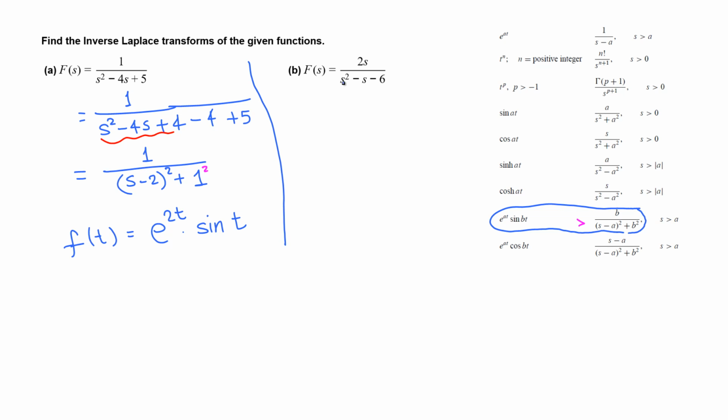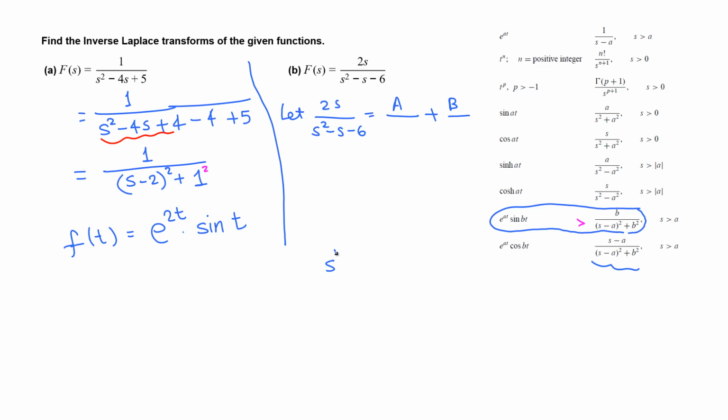In this case, we have two options. We can complete the square on the bottom like this, and then make it like the second one here. But the easier method would be to write this as a sum of two simpler fractions. So I'm going to let 2s over s squared minus s minus 6 be a sum of two simpler fractions, a over something plus b over something.